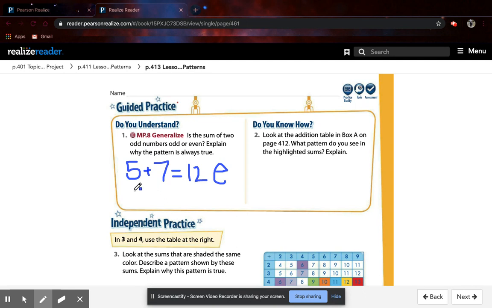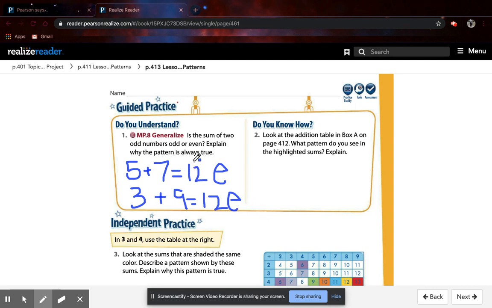And then if I were to add 3 plus, let's do 9, another odd number, I'm going to actually get the same sum. But what would my sum be? My sum would be 12. And then is 12 even or is it odd? It's even.